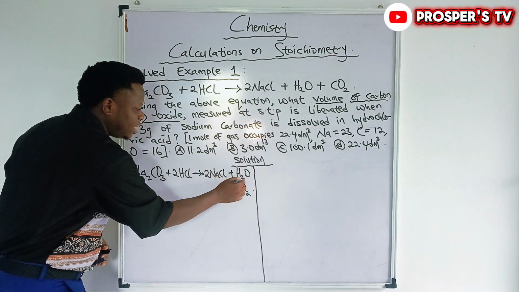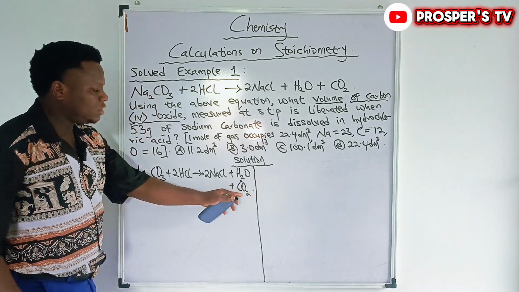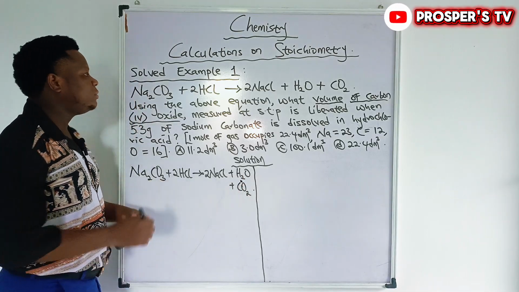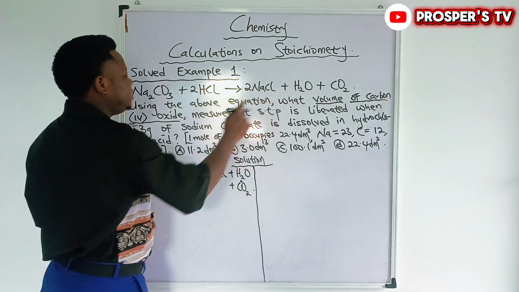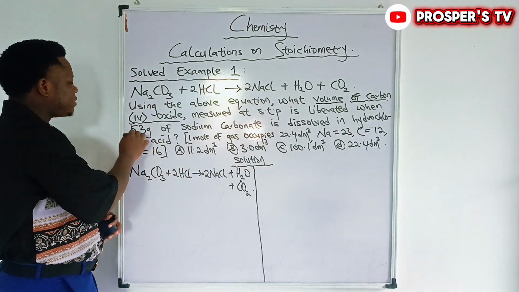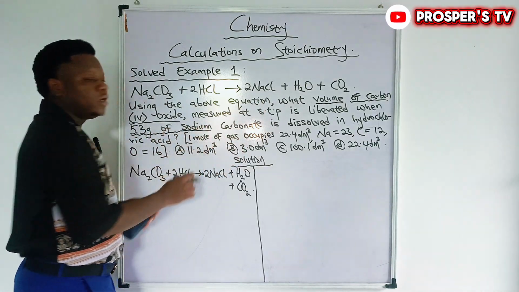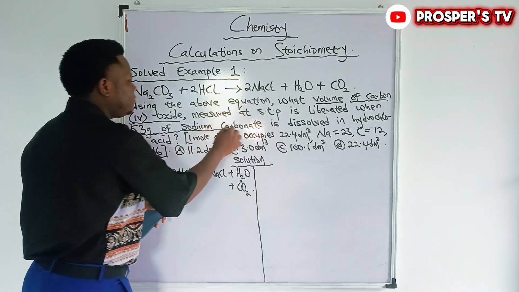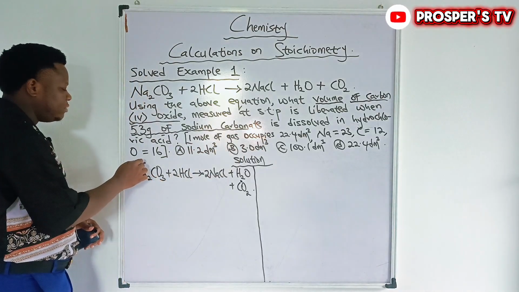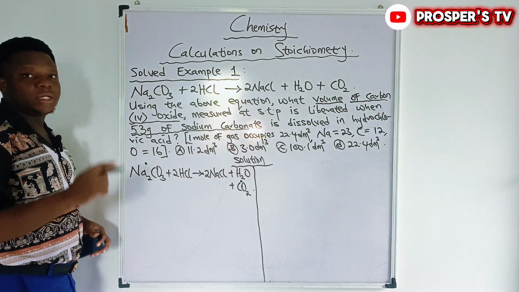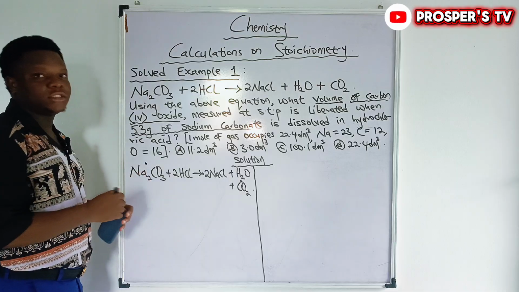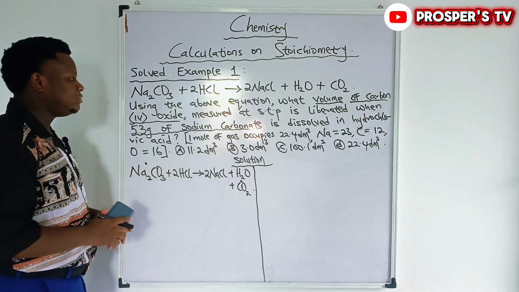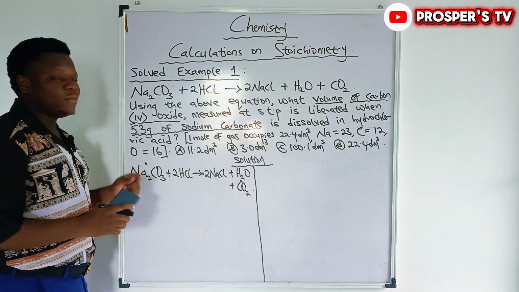So I put a little dot here, so I'm focusing on this product here, carbon 4 oxide, measured at STP is liberated when 53 grams, this is another amount of what now? Sodium carbonate. So the first step is to identify the two species mentioned in the question, just as I have done.